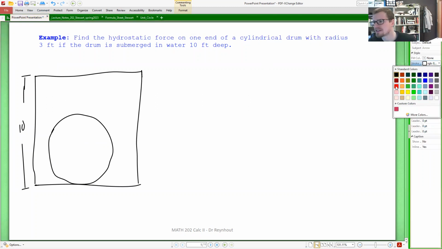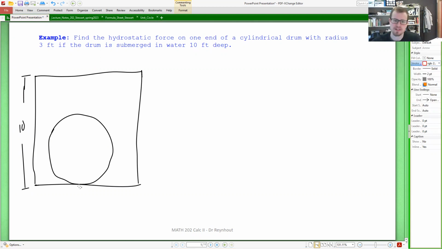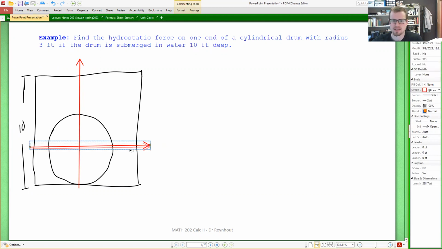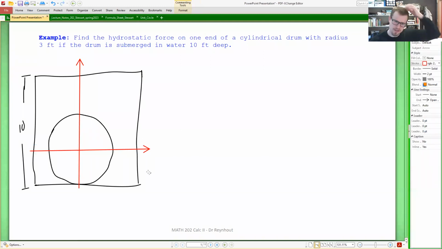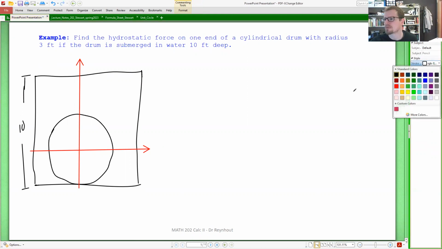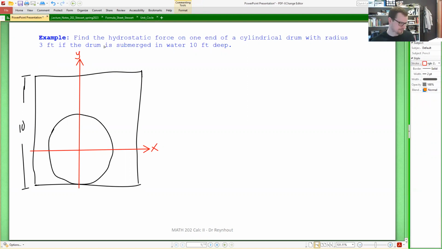Let me put these in here as red because these are things that I'm adding. And I'm going to follow what the textbook does here, where I introduce our typical X and Y axes. Let me move this down just a little bit so it looks centered. And we're going to say that this is the positive X axis. So I'm going to put that in red like my axes. And this is the positive Y axis.